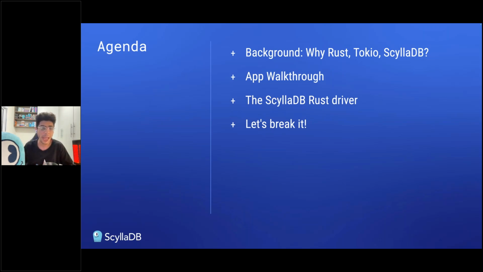Next, we will do a quick app walkthrough to understand what we'll be covering today. And of course, just like most applications out there, our app will need to connect to a database. So unsurprisingly, since I work for ScyllaDB, we are going to work with the ScyllaDB Rust driver to connect to a database and then run queries on top of it. And lastly, of course, we are going to run the app, and as time permits, we are going to do more fun stuff.